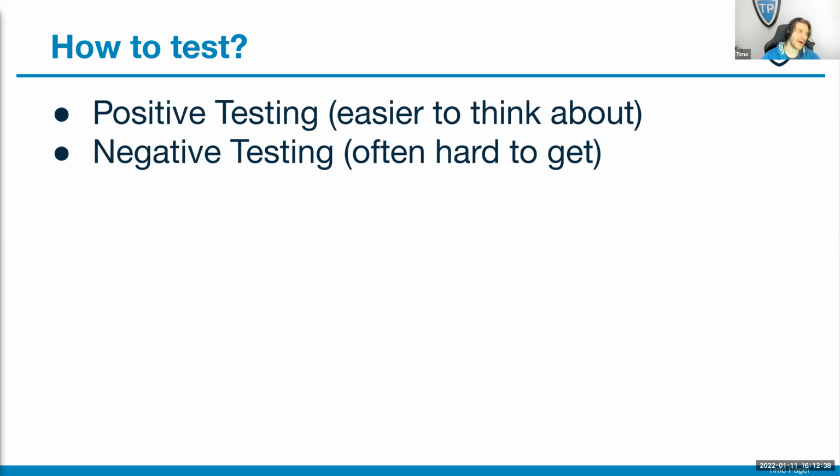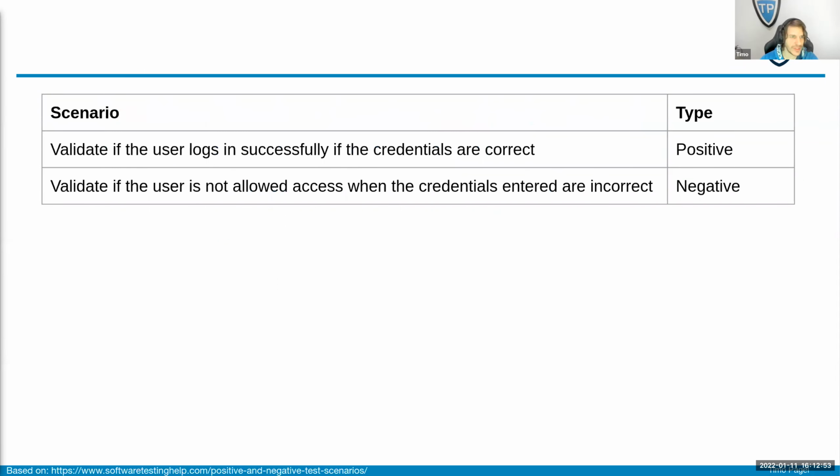So you need to think about what can go wrong. So we validate the user is not allowed to access when the credentials are entered incorrectly. These are the two examples I just gave you. So we have the positive and the negative type, which we have to test.